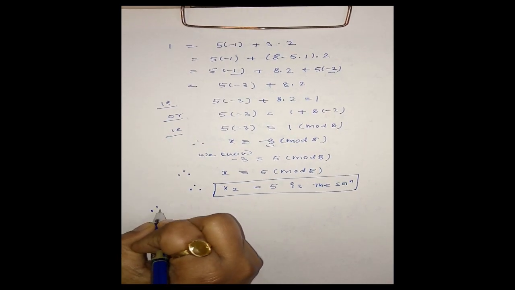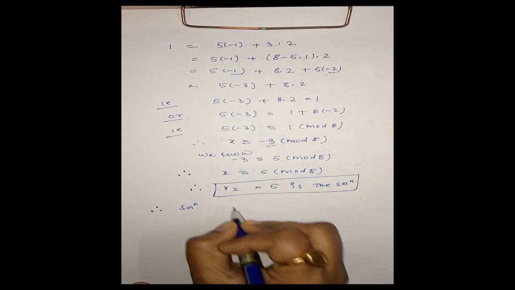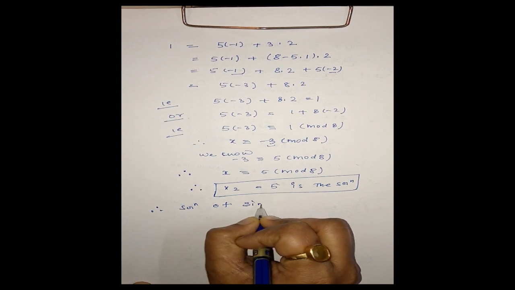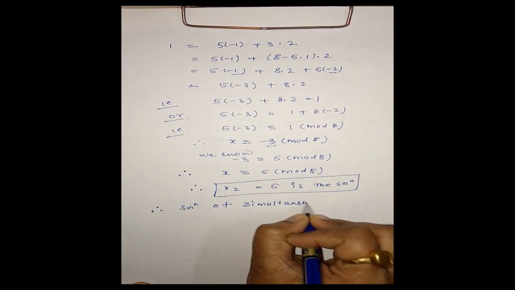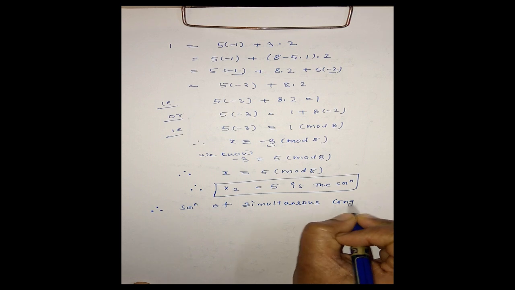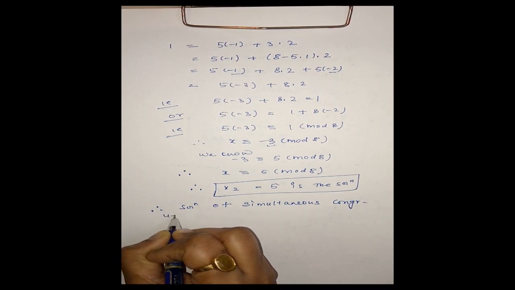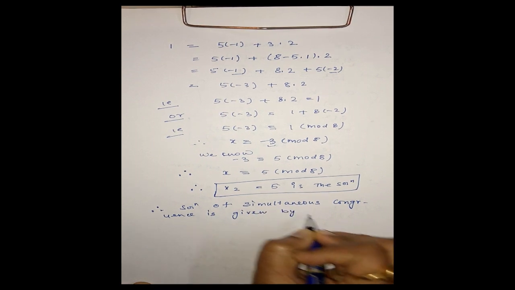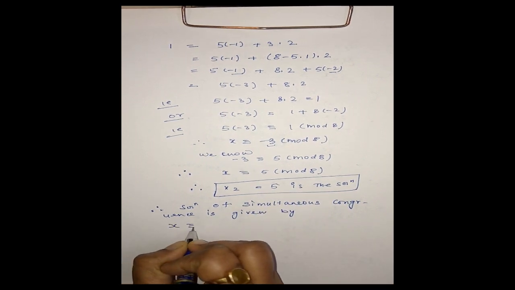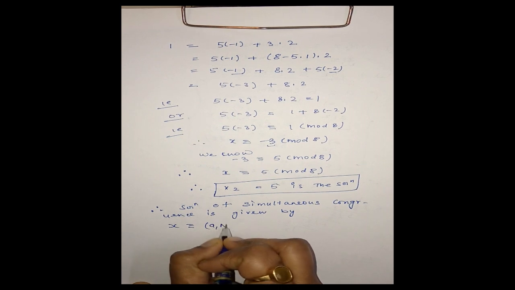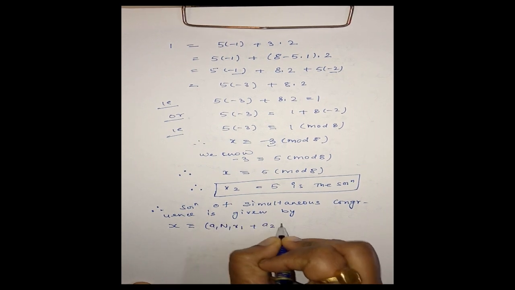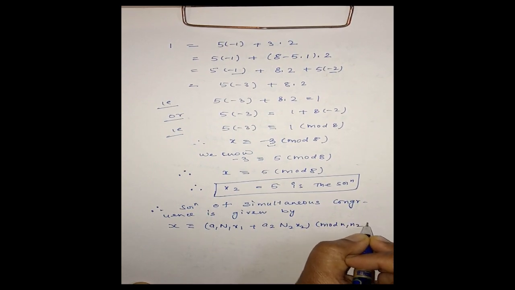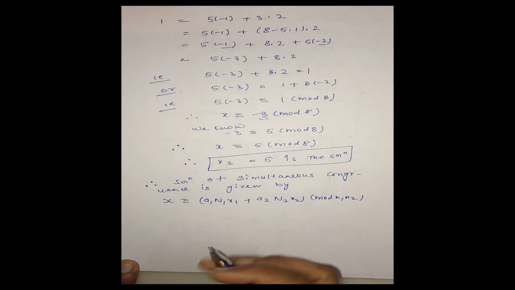Therefore, using Chinese remainder theorem, solution of simultaneous congruence is given by, we have a formula, x is congruent to a1 n1 x1 plus a2 n2 x2 modulo n1 n2. Okay, here number of equations are 2.